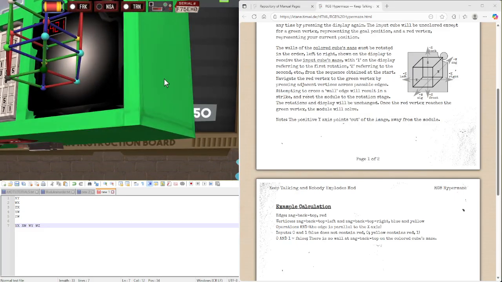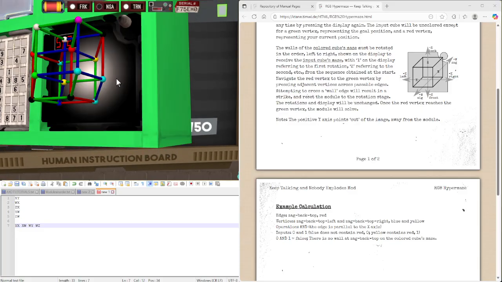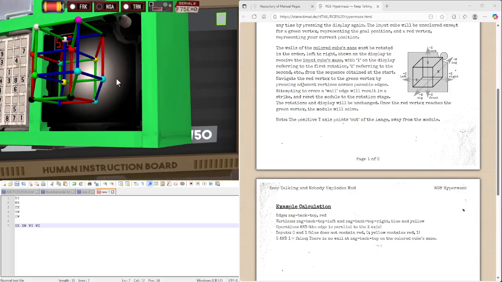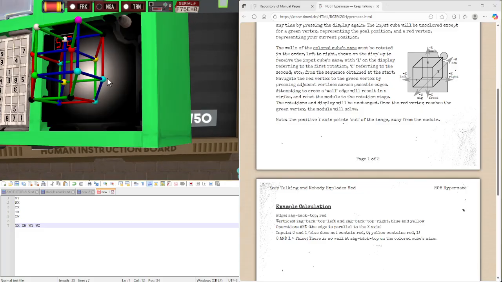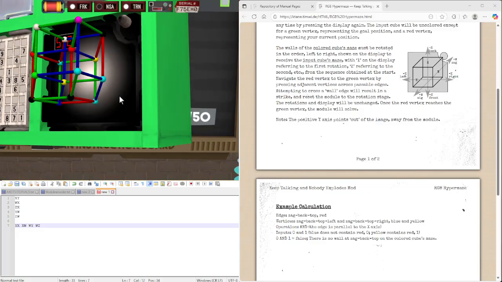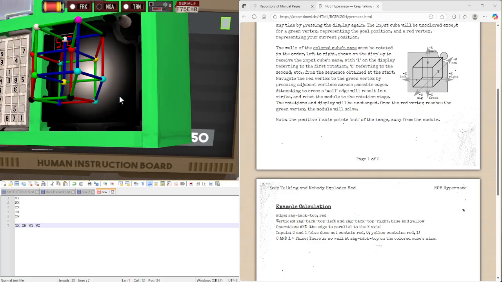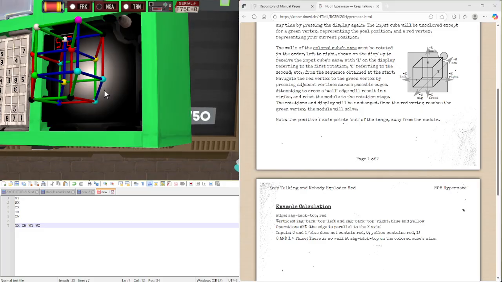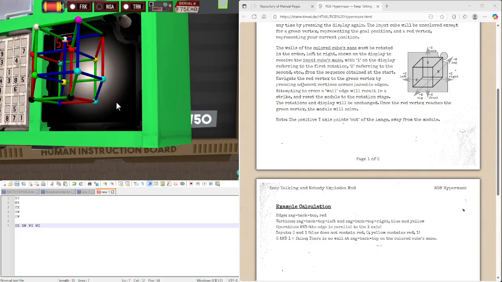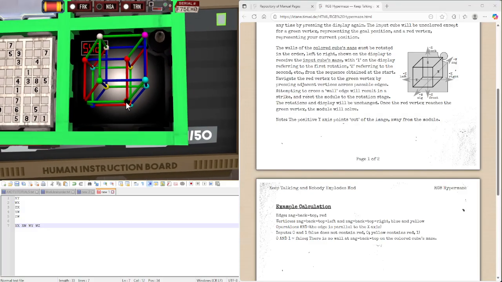So, that one's fine. So let's try this one again. So, YX moves this one, and if positive Y going to positive X, so it moves it to this one.